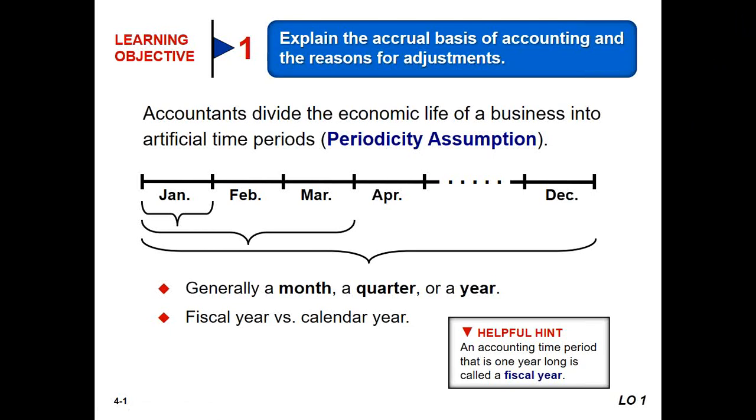The financial statements that we prepared at the end of Chapter 3, while they might have been accurate to that point, were not accurate as far as the company was concerned, because we had not made any adjustments. What are adjustments? Well, we had prepaid items.